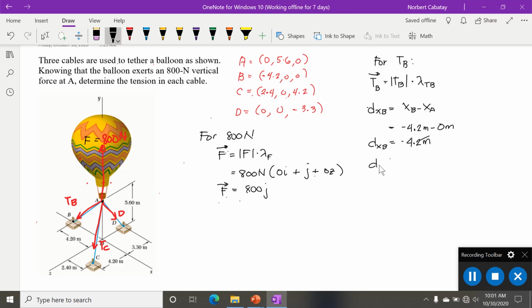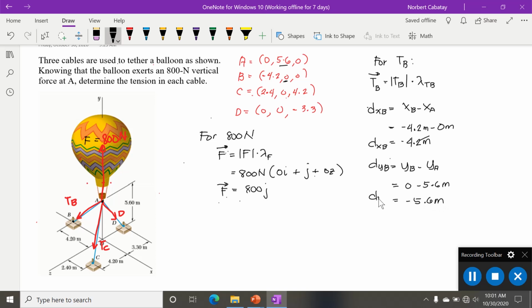Then, you have your d sub yb. So, that will be y sub b minus y sub a. Ano po? So, y sub b natin ay 0. So, saan ba ako tumitingin? Diba dito lang? Minus nito. Minus 5.6 meters. So, you have here negative 5.6 meters.